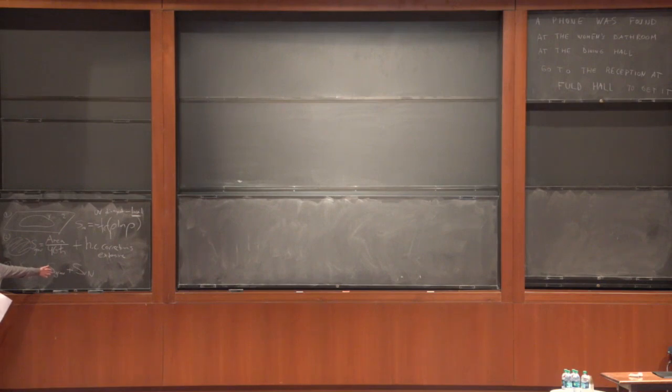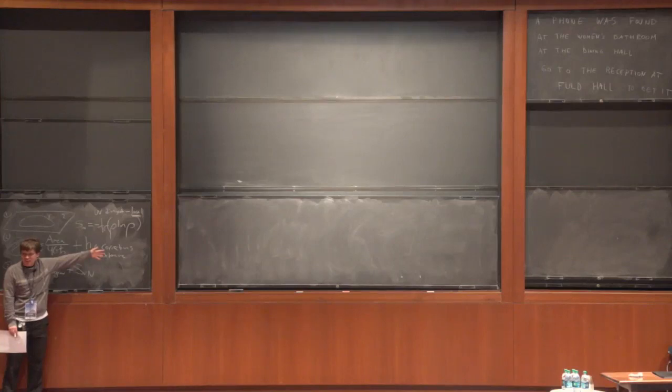And the idea is that the divergences in the von Neumann entropy can be absorbed into redefinitions of the coupling constants of the gravitational entropy. For example, the leading order divergence of the entanglement entropy is just the area, and that would correspond to shifting 1 over G. If there are subleading terms in the entanglement entropy, like a log divergence in 4 dimensions, that would correspond to shifting these higher curvature corrections.